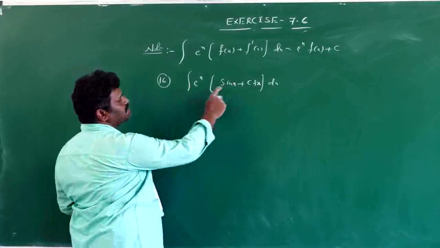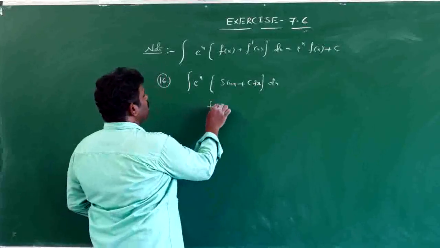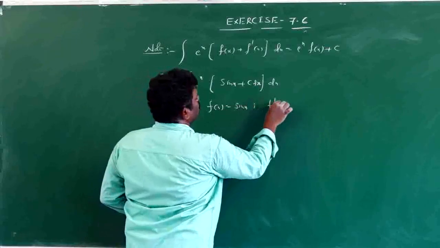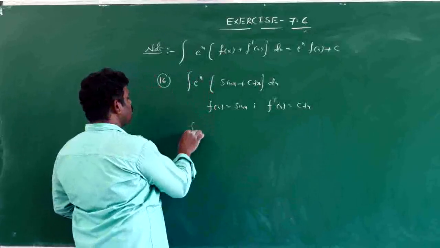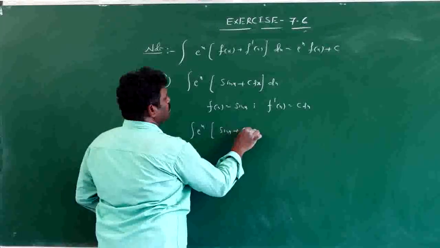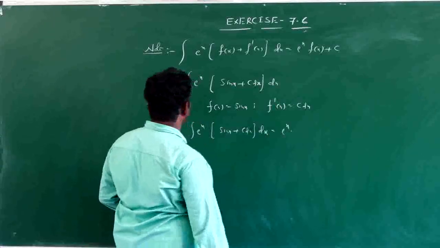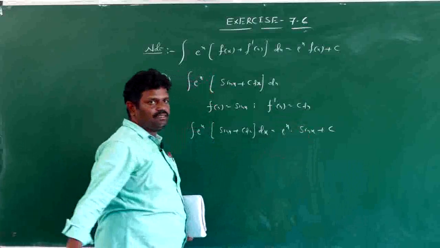If we take sin x, its derivative is cos x. So f of x is sin x, then f dash of x is cos x. The answer is integral of e power x (sin x plus cos x) dx is e power x into f of x, that is e power x sin x plus c.